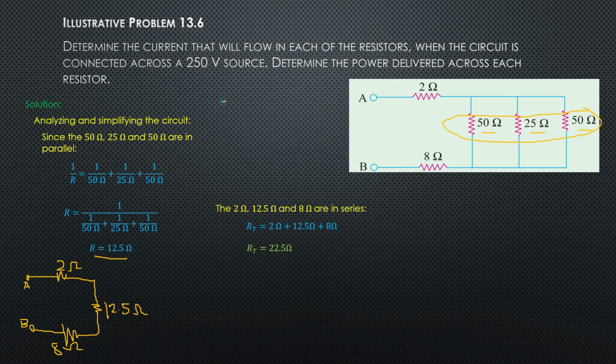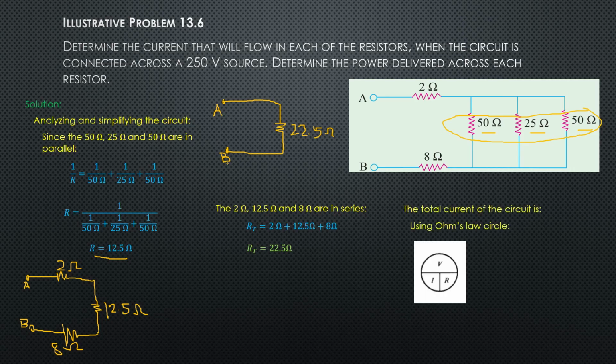So the total resistance of the circuit becomes a single resistor of 22.5 ohms, connected across a 250 volt source.